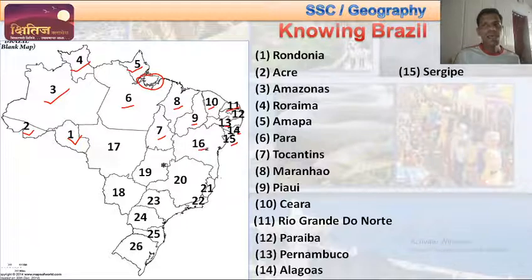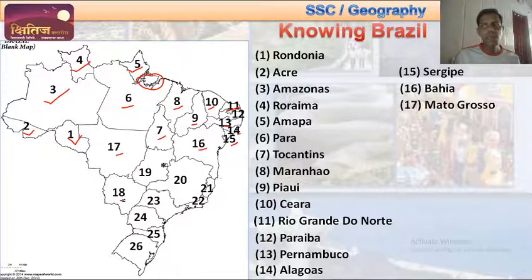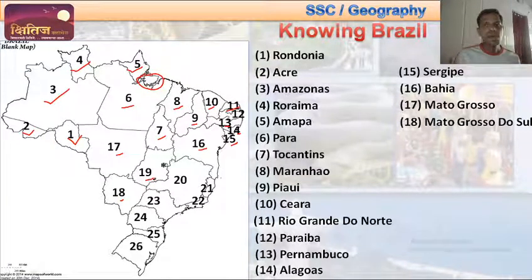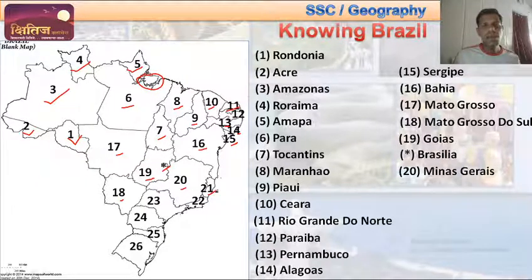Number 14 is Alagoas. Number 15 is Sergipe. Number 16 is Bahia. Number 17 Mato Grosso. Number 18 Mato Grosso do Sul. Number 19 Goiás. The asterisk sign is Brasilia, capital. Number 20 is Minas Gerais. Number 21 is Espírito Santo.